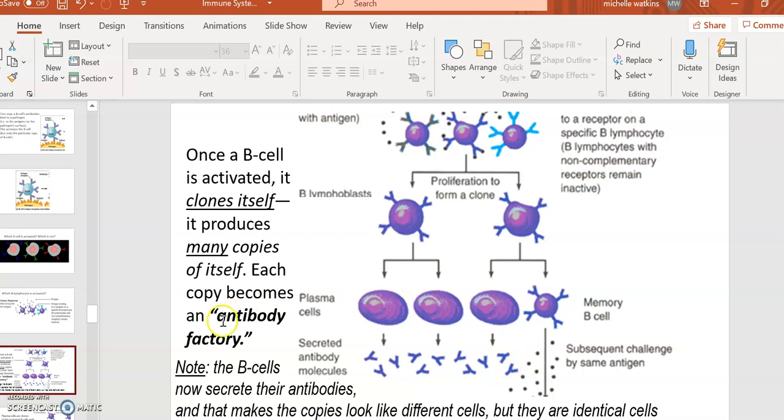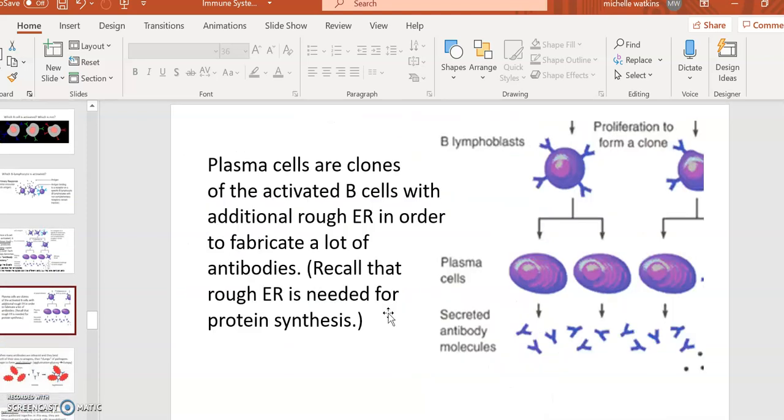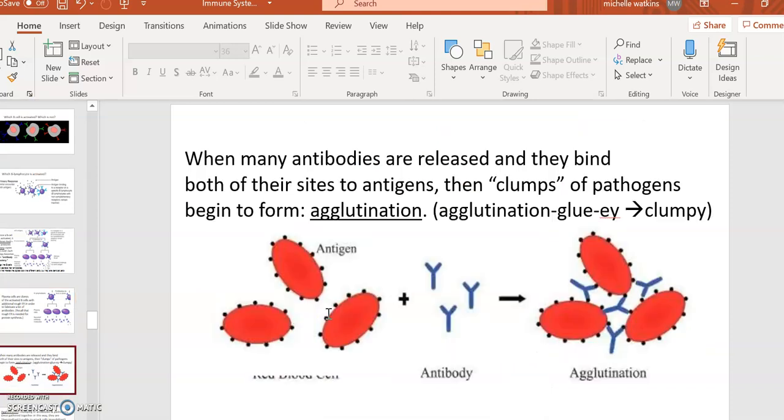So I gave them the name of little antibody factories. And that also explains why they look different, right? They're secreting their antibodies. They have extra rough endoplasmic reticulum. So that explains this very same thing.